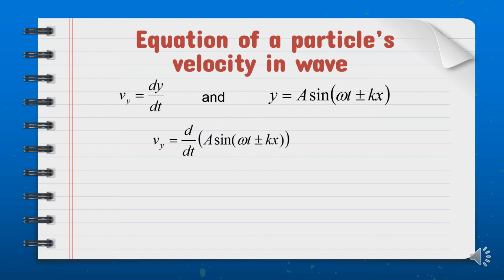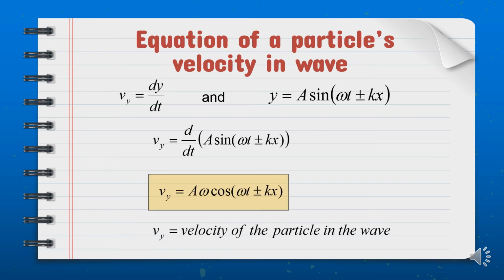Then we substitute the formula of displacement into the formula of particle velocity. We differentiate the equation and we get that the particle velocity equals Aω cos(ωt ± kx), where v now represents the velocity of the particle in the wave.